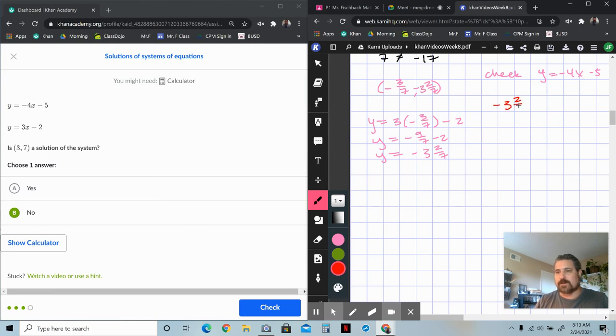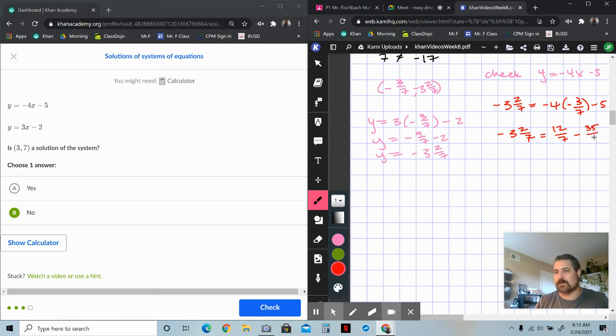So negative 3 and 2/7 should be equal to negative 4 times negative 3/7, and then minus 5. And so this would be negative 3 and 2/7, which is just going to stay negative 3 and 2/7, is equal to a positive 12/7, right? Because negative times negative is positive, and 4 times 3 is 12, minus how many sevenths here? And you're looking at 5, which is going to be 35/7, right?